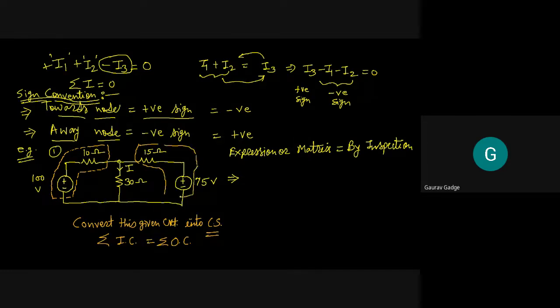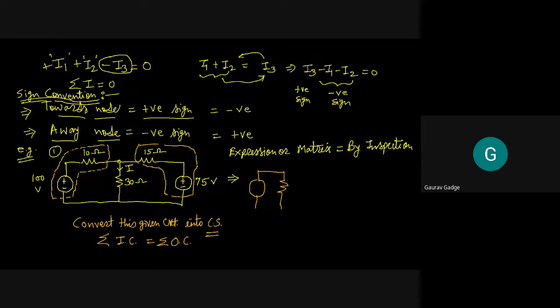So these two voltage sources are present in the network. This is just a resistance which is connected intermediate in between two loops. So convert these two voltage sources into current sources. A current source means a current source with parallel resistance.